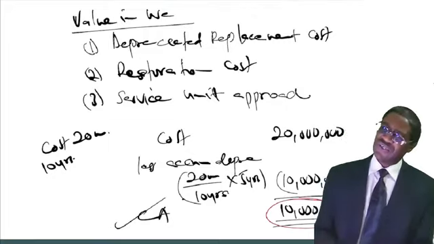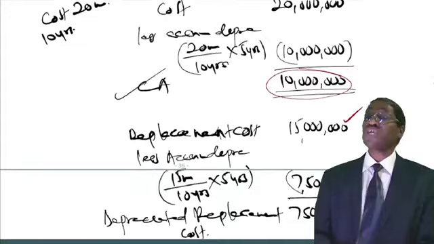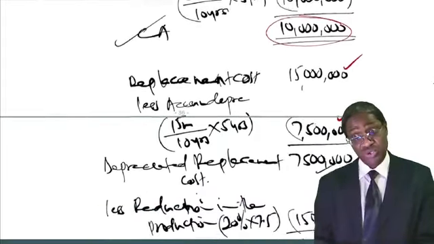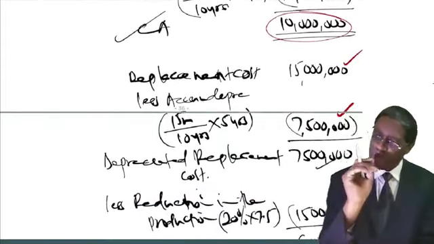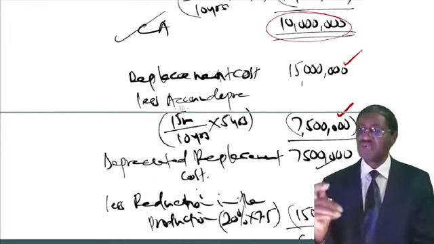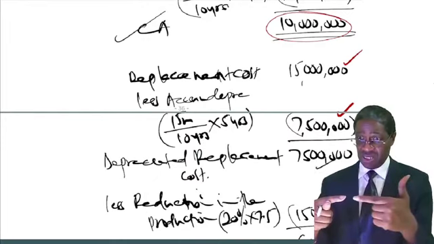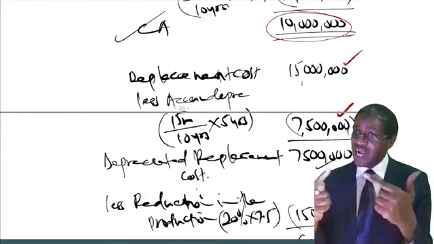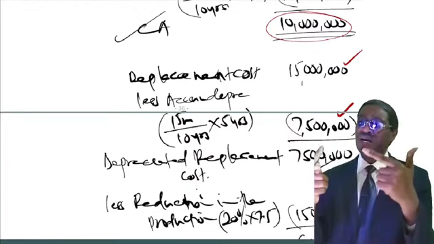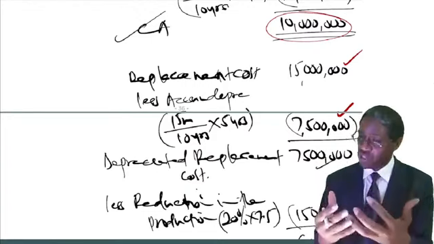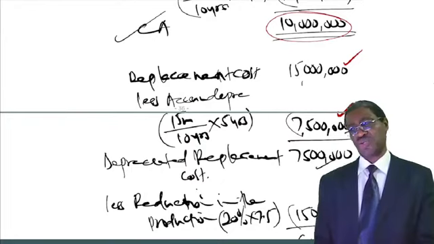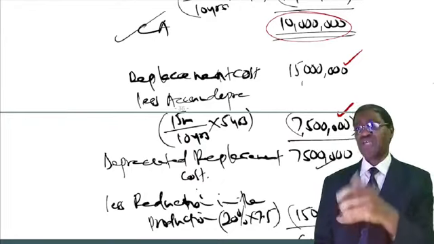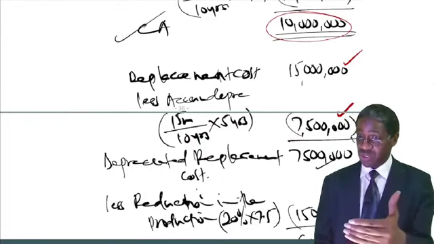If the question tells you you are using the restoration cost, then once you get the depreciated replacement cost, you minus the restoration cost. Then you get the value in use.